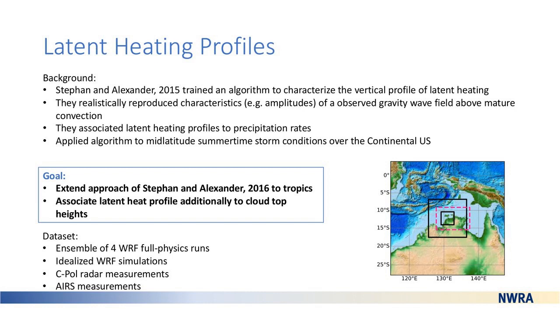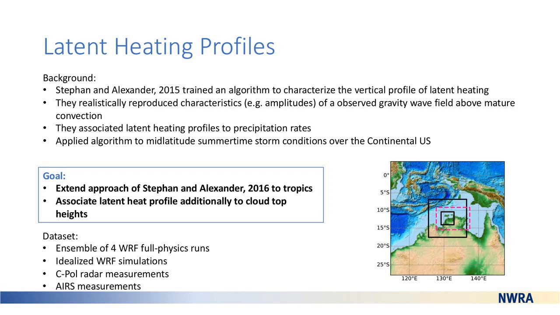What they did in their study was to use a full physics cloud resolving model to simulate the gravity wave field and the latent heating profiles together with the rain rates, and they associated the latent heating profiles with the rain rates to create an algorithm where they could determine, based on a certain rain rate, which latent heating profile is valid.